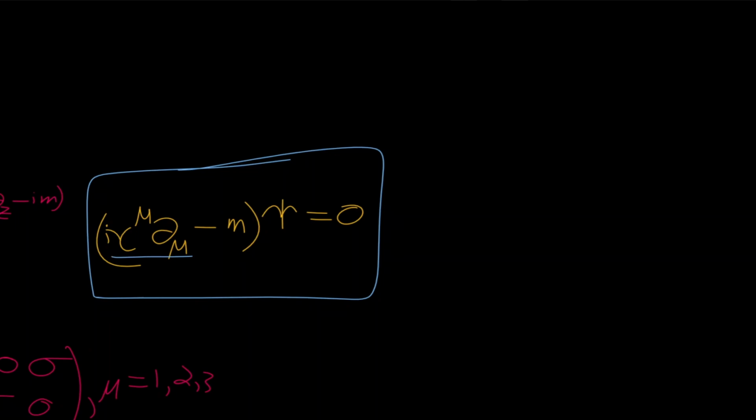Instead of writing gamma mu partial mu, because that's so much work, we just write i, and then partial with a slash through it, that's Feynman slash notation, and then minus m. This is in natural units, by the way. Psi equals 0. And again, these are the same thing, just a cooler way to express it. But yeah, there we go.